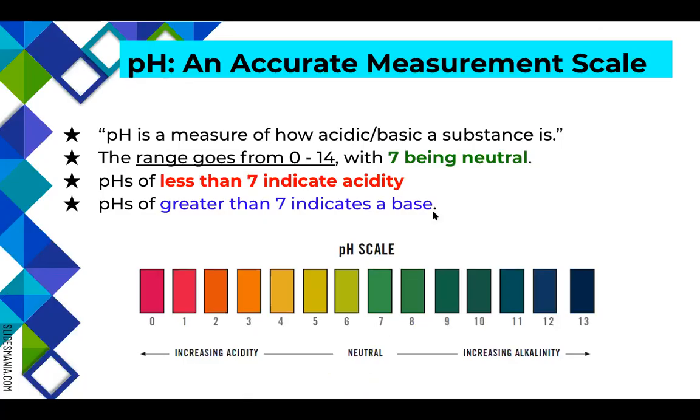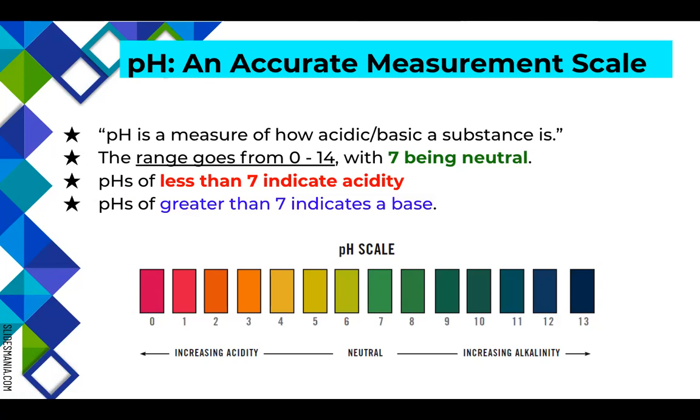So pH is an accurate measurement scale. pH is a measure of how acidic or basic a substance is. The range goes from 0 to 14, with 7 being neutral. pH less than 7 indicates acidity. pH greater than 7 indicates a base, okay?